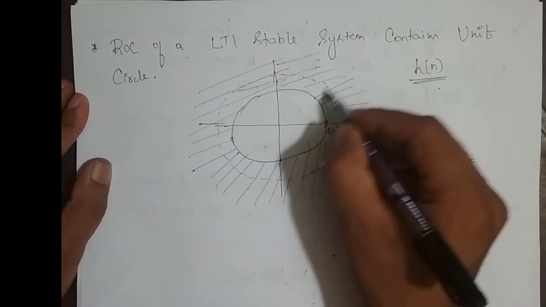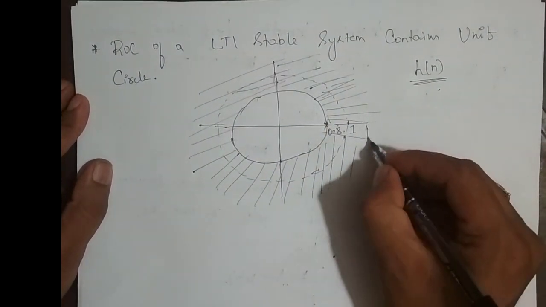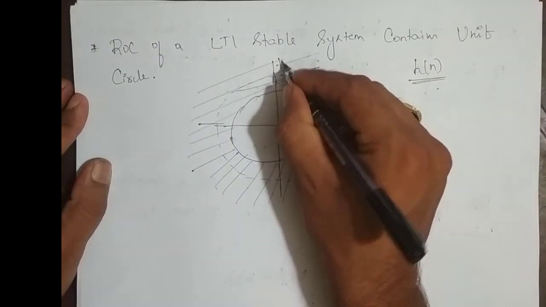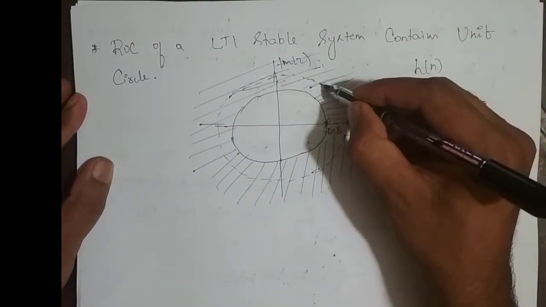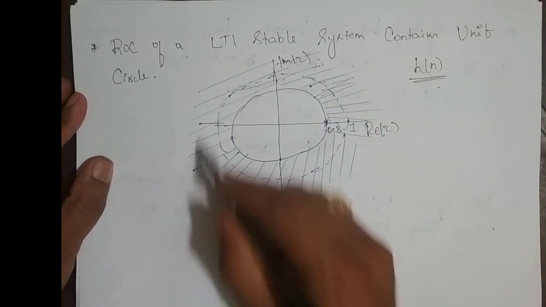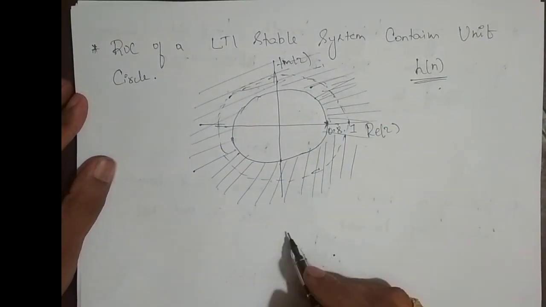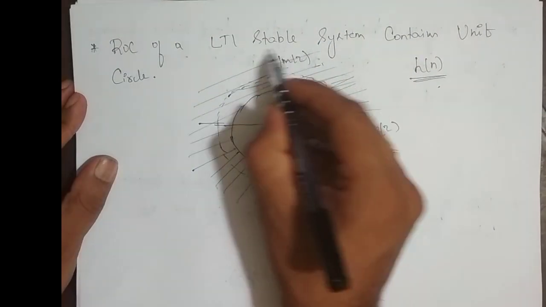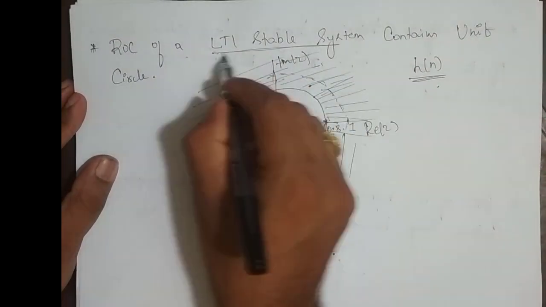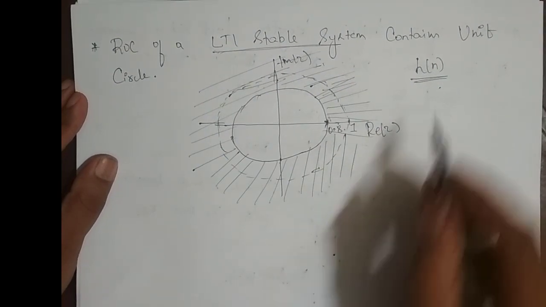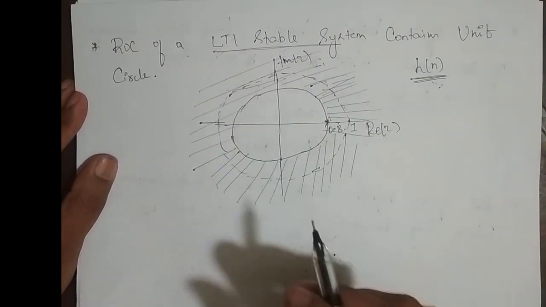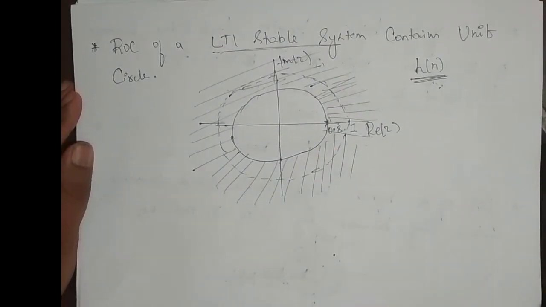This is the real part of Z and this is the imaginary part of Z. So what's happening here? This is my unit circle, and does this unit circle contain the ROC? Yes, it contains the ROC. Therefore, the LTI system is a stable system. By looking at the ROC of a system, given the system h of n, I can say whether the system is stable or not.